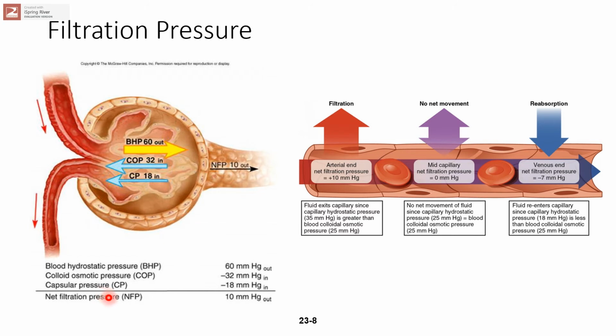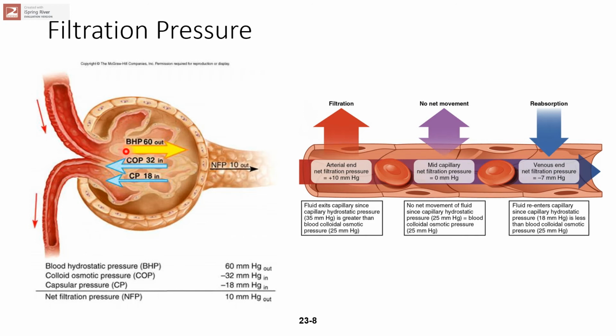The capsular hydrostatic pressure, or the capsular pressure, one and the same thing, is the pressure exerted against the filtration membrane by this filtrate that is in the Bowman's capsule. Now we're talking about hydrostatic pressure over here and not osmotic pressure, because the osmotic pressure in here is zero. But there are fluids in here. So these fluids exert a capsular hydrostatic pressure of about 18 mm of mercury in here.